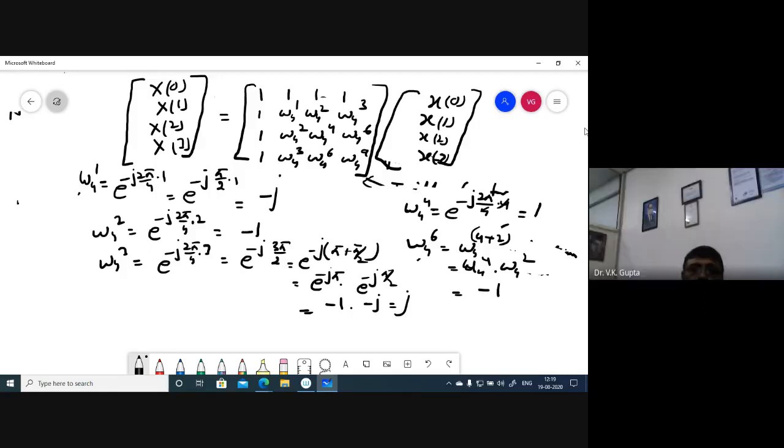Then W43, W46 calculated. W49, what is the value of W49? 9 is 4 plus 4 plus 1, so W44 into W44 into W41. W44 is 1, W44 is 1, W41 is minus j.